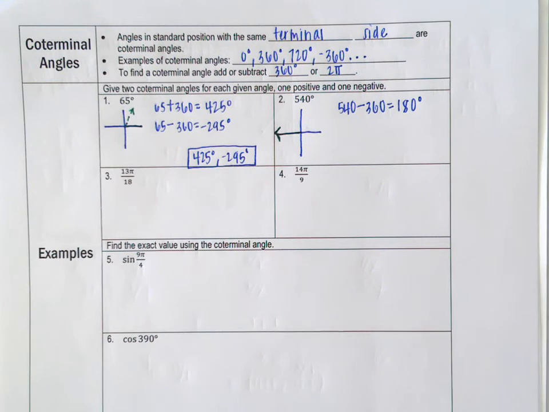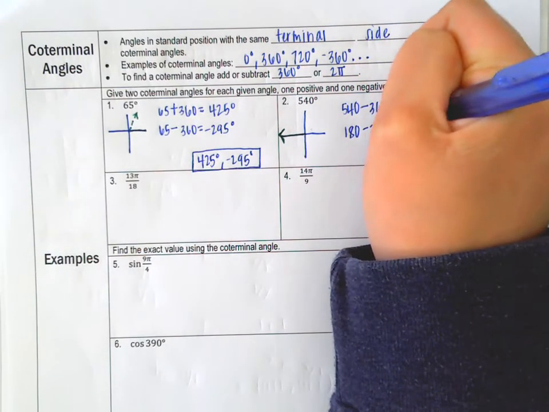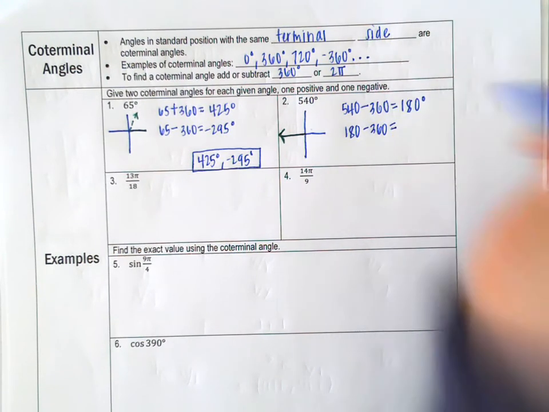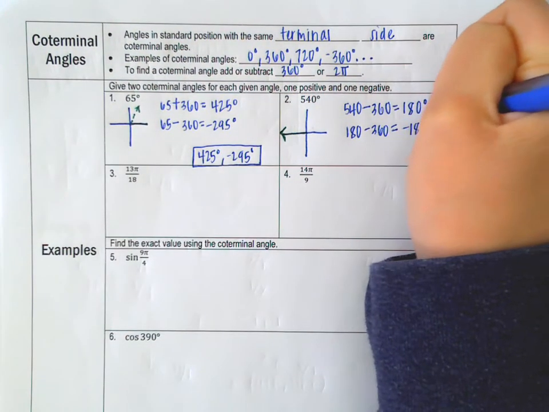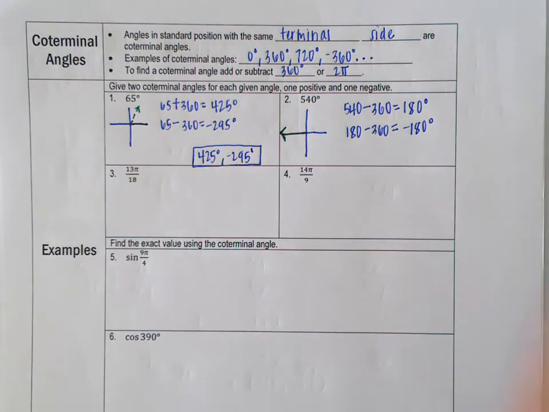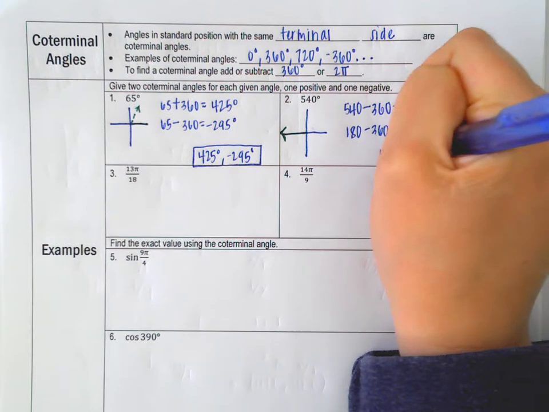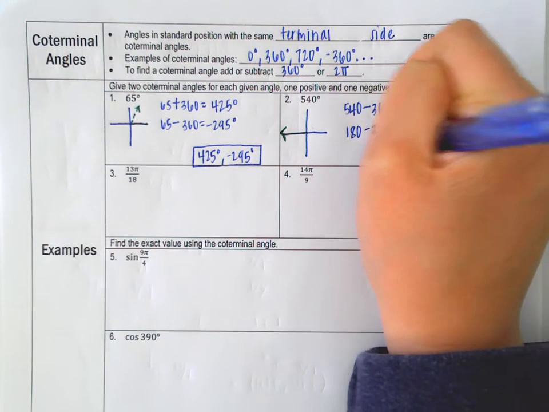Now, if I wanted to find a negative coterminal angle, what I can do is take 180 and subtract 360, and that's going to get me negative 180. So 180 degrees and negative 180 degrees are coterminal angles. Now I'll show you on the graph.